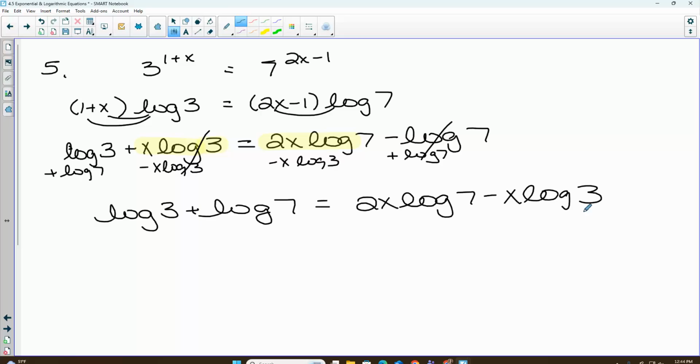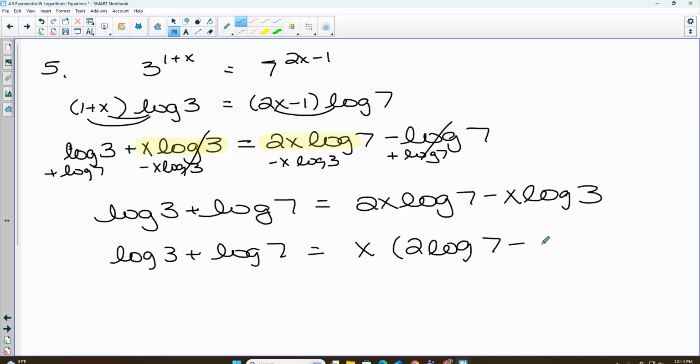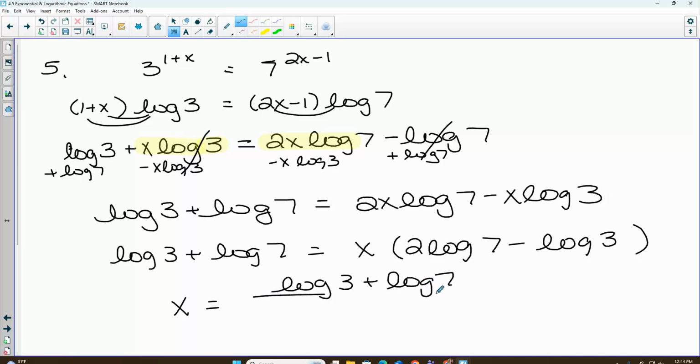Okay, we're close. What do we have to do? We're trying to solve for x, so I would just factor out the x. So then it's x times something. So to finish, the opposite of multiplying is dividing. Log 3 plus log 7, divided by 2 log 7 minus log 3.